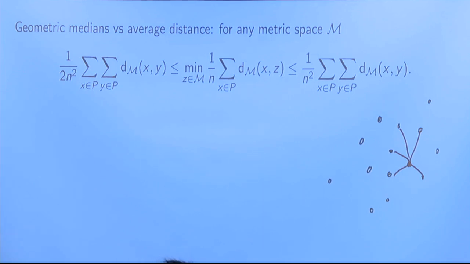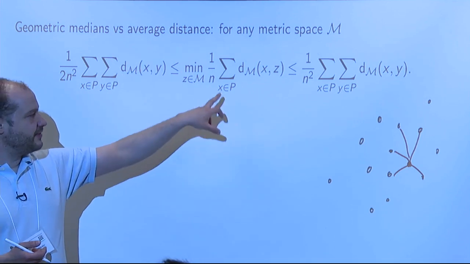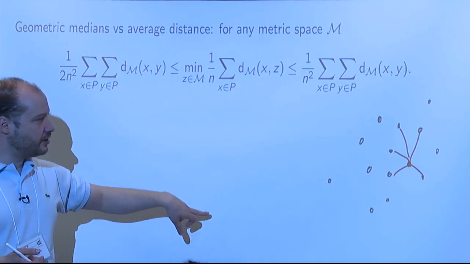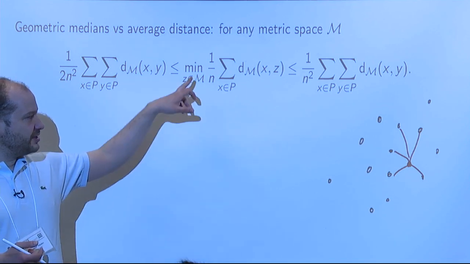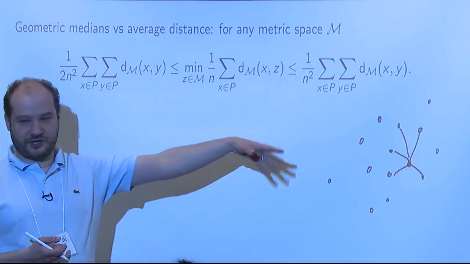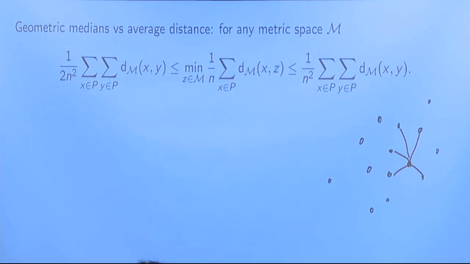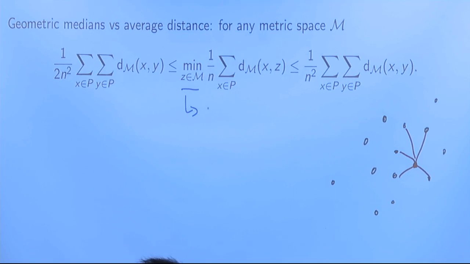So intuitively, these two things are the same if I pick z to be somewhere in the middle of this point cloud. If z is way far out, you can imagine that the average distance to z could be much bigger than the average pairwise distance between points in P. I'm talking about geometric median because the point that achieves this minimum is called a geometric median.